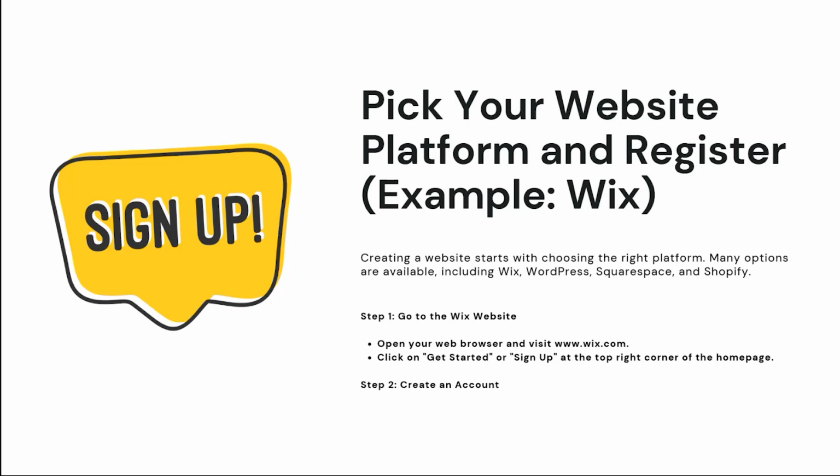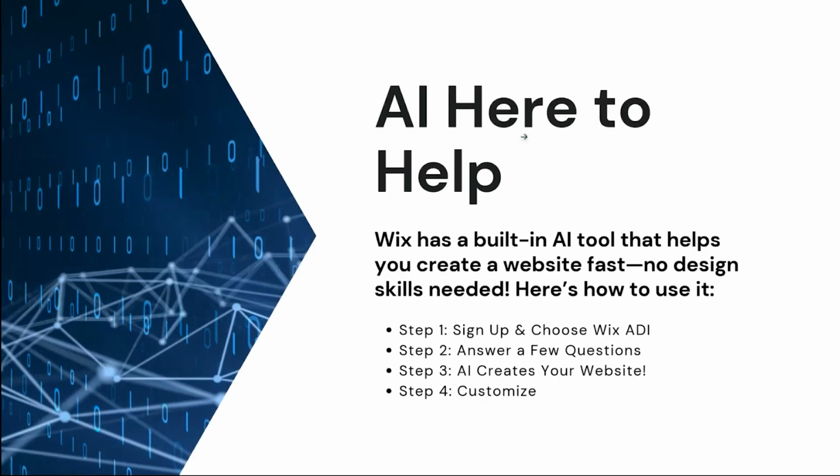Once you've created your account and you get into Wix, this step is going to make more sense. But I am going to talk about the really hot button topic right now, which is AI. Once you've registered and created an account in Wix, you will be opened and it's going to ask you if you want to use the Wix AI tool.